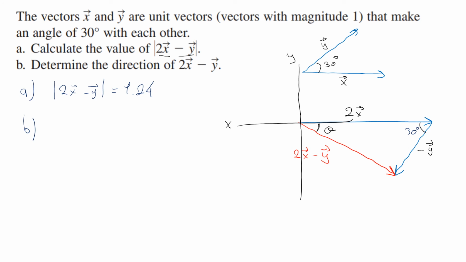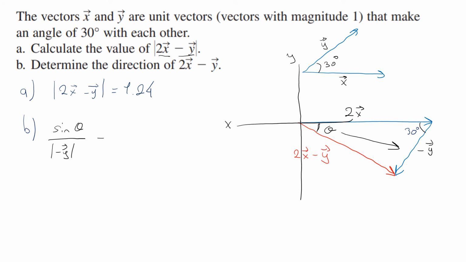Now, since I don't know my values, I can just use the sine law. It's the easiest one. So with the sine law, you take the sine of the unknown angle that I'm trying to find, and I need to see which magnitude it's looking at. That degree represents minus y, so then I put the magnitude of minus y over there.